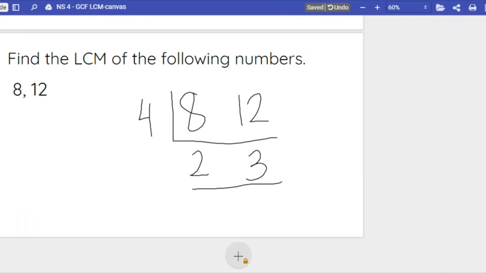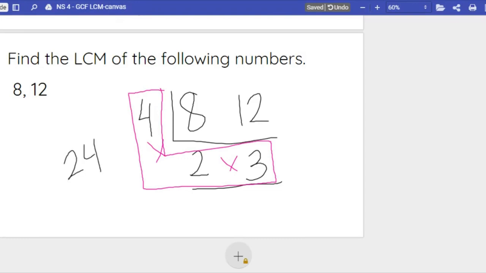I look at my 2 and my 3. No other common factors other than 1. So again, I make my L and I multiply. 4 times 2 is 8. 8 times 3 is 24. So my least common multiple is 24.